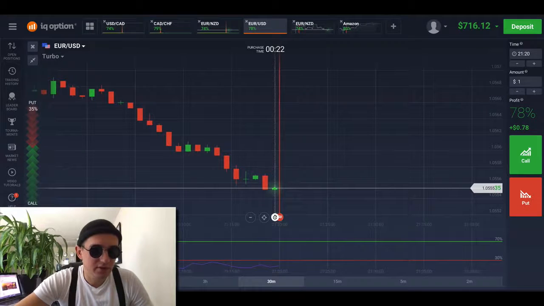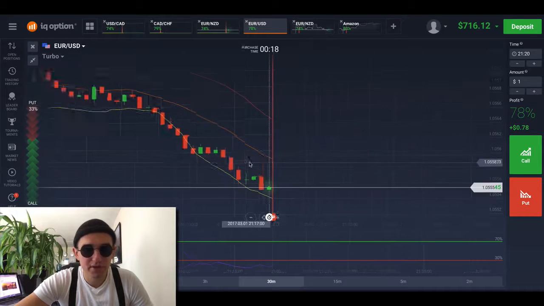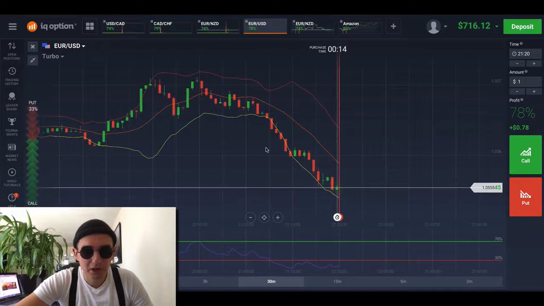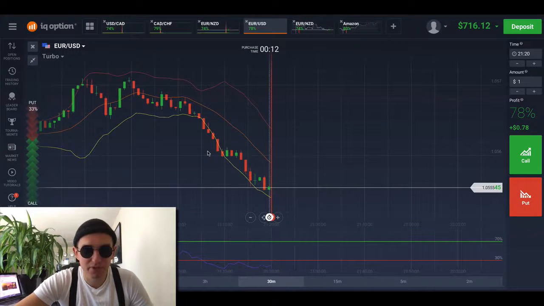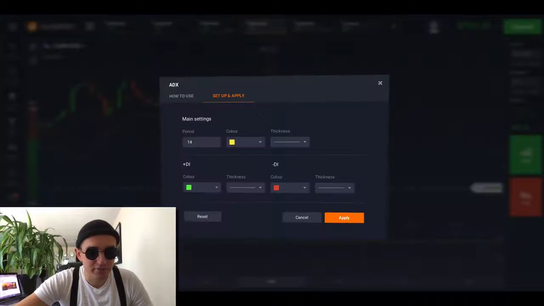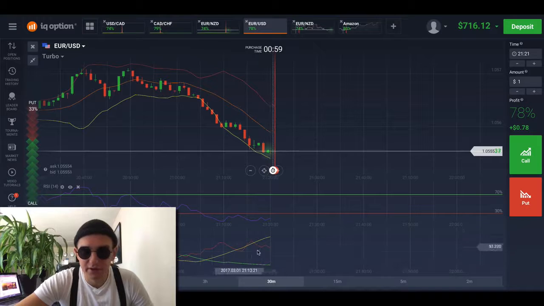I'm also going to add the Bollinger Bands indicator, and I do see that there is some downwards trend going on, so let me also add one more. It's called Average Directional Movement Index. So it appeared here at the bottom.